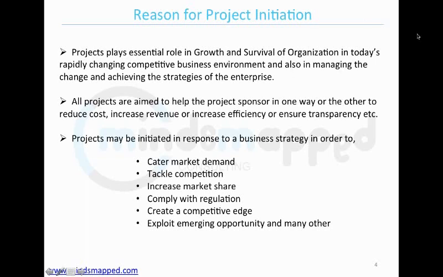So we're talking about the reasons for initiation. Any detailed reason you can club under the main head, which is either the area of opportunity or a problem statement. These are the only two reasons why and when we will do a project.